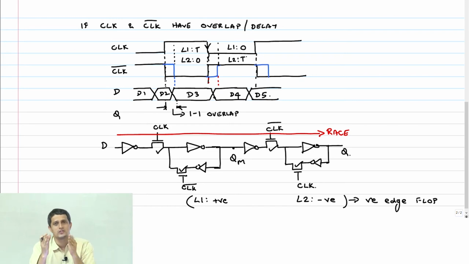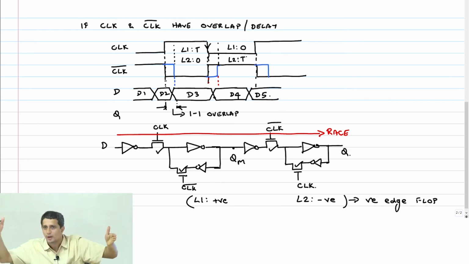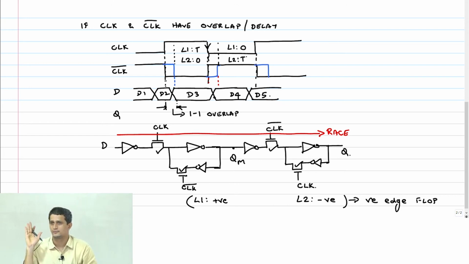So now my question is, there is an overlap, and data can potentially shoot through, right? But the question is, does the data always reach Q? Is there some delay constraint that I can impose so that it doesn't reach Q? That's all I need. My flop behavior is that data changing on the non-sampling edge should not appear at the output Q. That's all. It can affect any internal node, right?